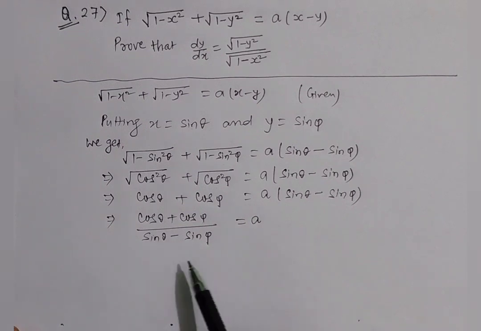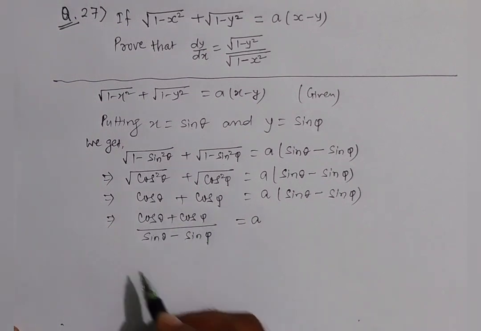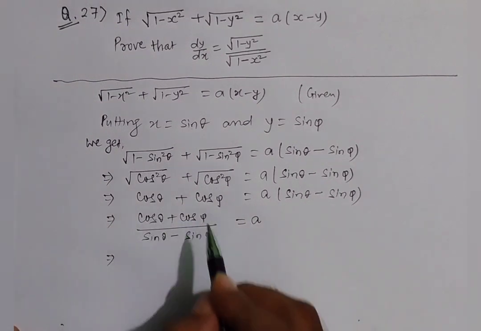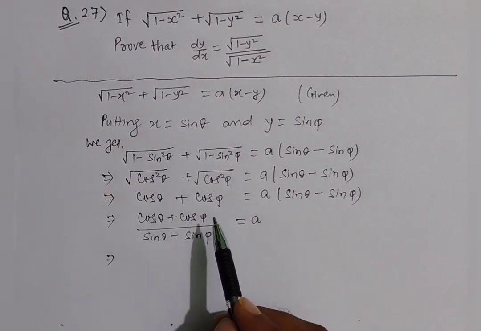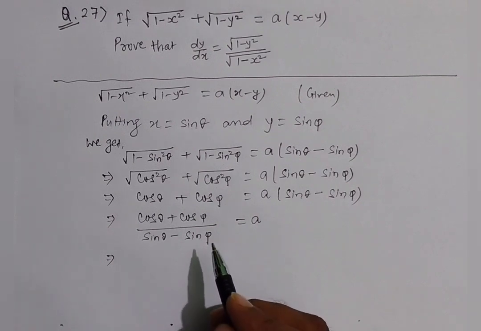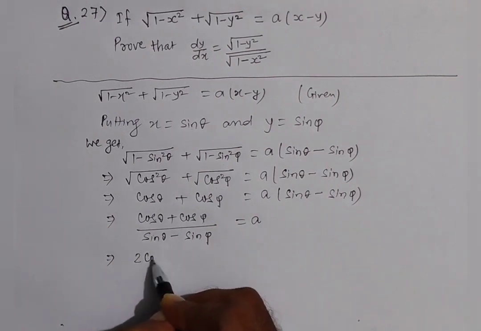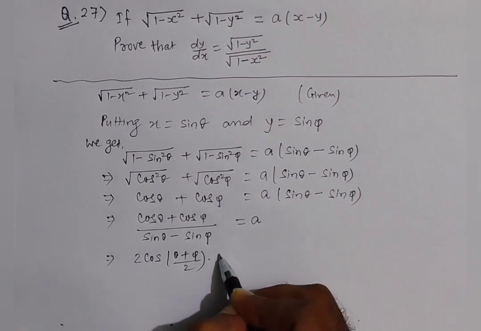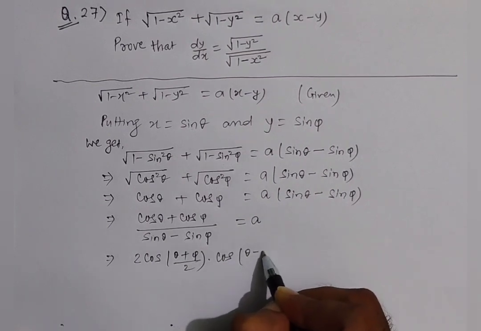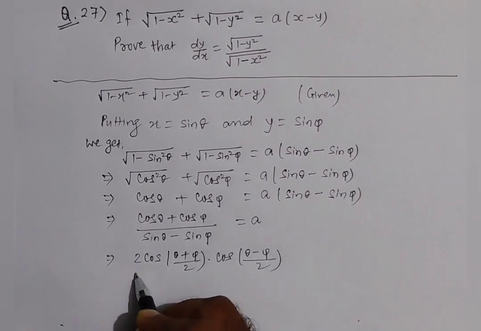So first of all we will apply a trigonometric formula, cos c plus cos d. So cos c plus cos d is what? 2 cos c plus d by 2 into cos c minus d by 2. So we will apply here 2 cos c plus d by 2 into cos c minus d by 2.